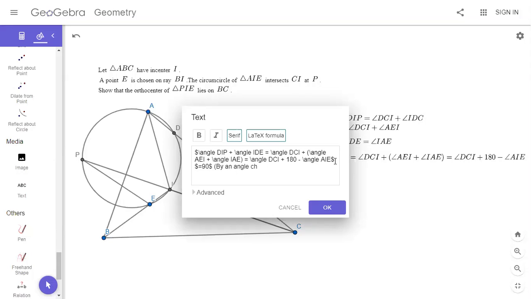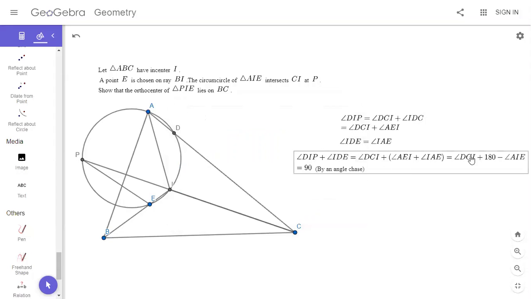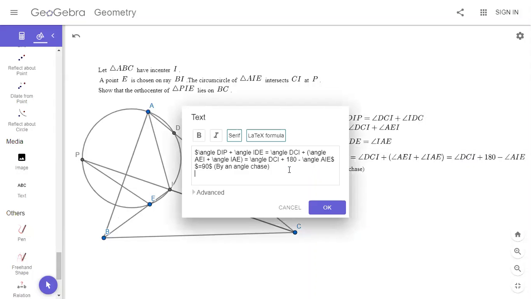I'm sure there's an easier way to do this, but because angle DCI is half of angle C, right? And angle AIE is 180 minus half angle A minus half angle B. So if you work out the algebra, this should equal 90. And so that means DE is perpendicular to IP.